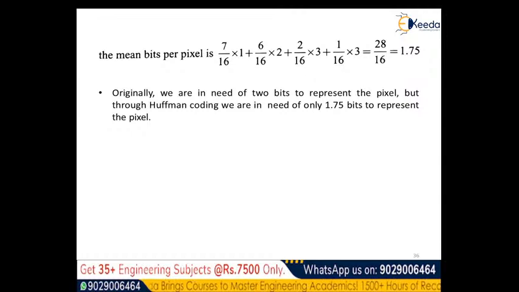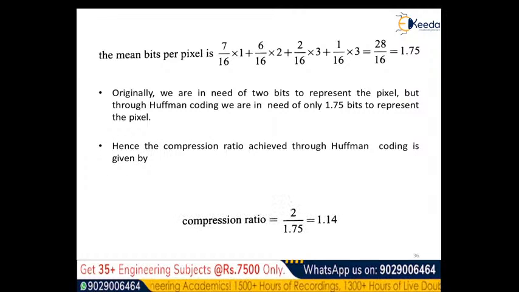Therefore the compression ratio achieved through the Huffman coding is given as 2 divided by 1.75, which comes to the value 1.14. So this you can note down.